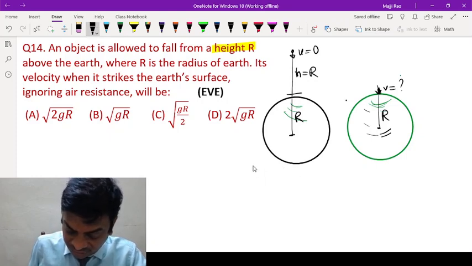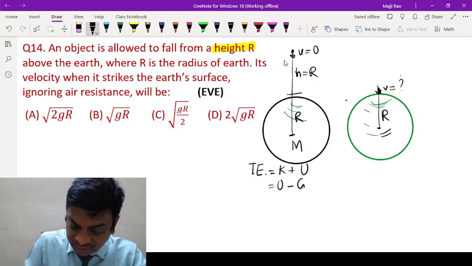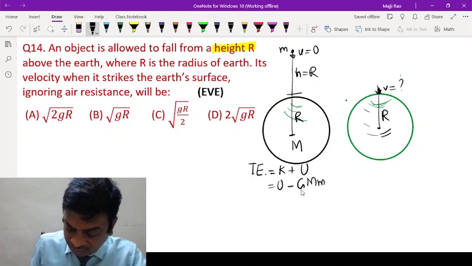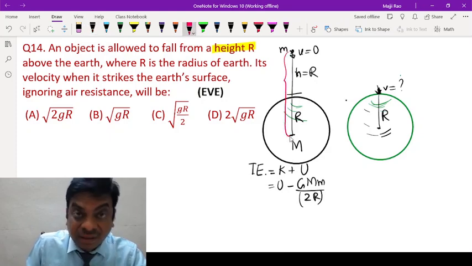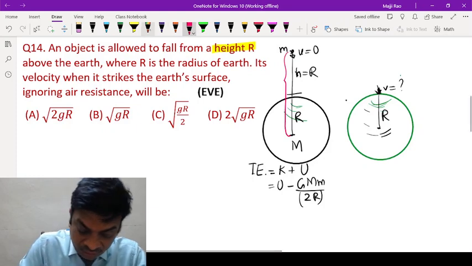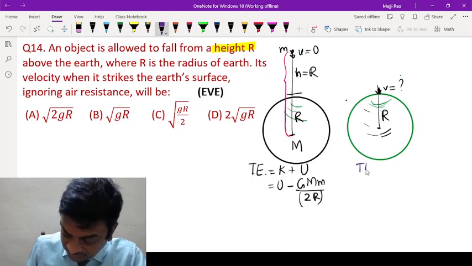For the first situation, the total energy: kinetic energy is 0 and potential energy is minus G. I'll take the mass of earth as capital M, mass of the object as small m, so minus GMm by 2r. Remember, you have to take the distance of the point from the center of earth. Whereas here finally the total energy is again kinetic plus potential.